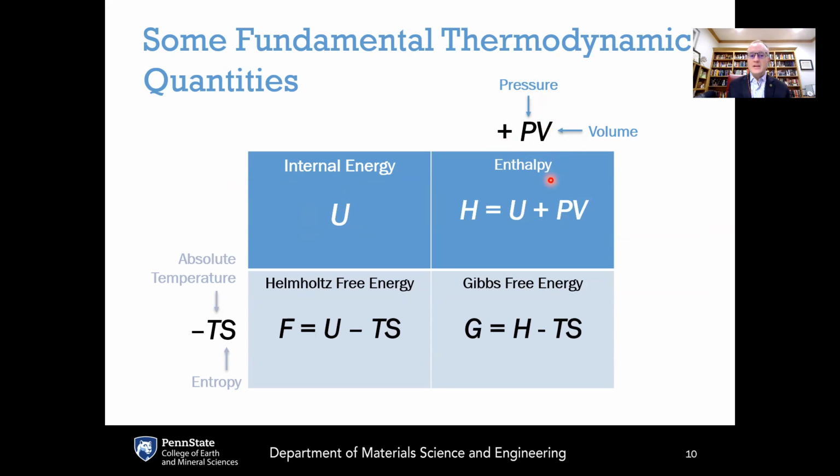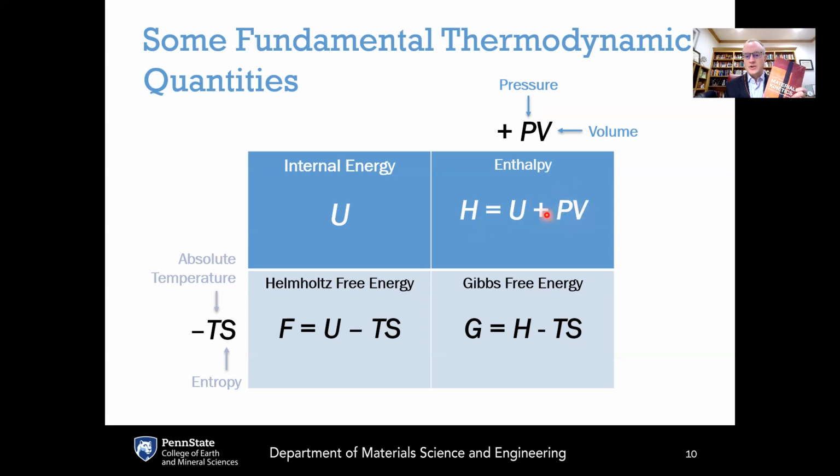If we add PV to our internal energy, the quantity that we get is the enthalpy, which is typically denoted as H. The way to think of this is if I were to magic this book into existence here, not only do I have to account for all of the internal energy here, U, but also the fact that I am displacing part of the atmosphere in order to make room for the volume of this book.